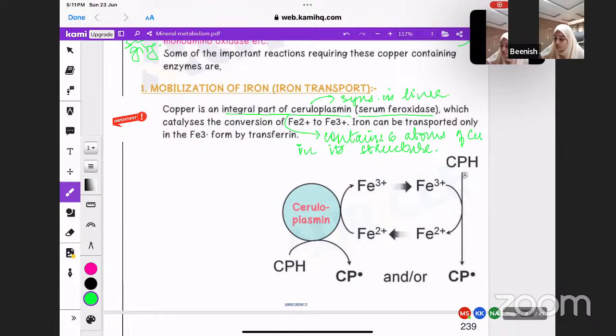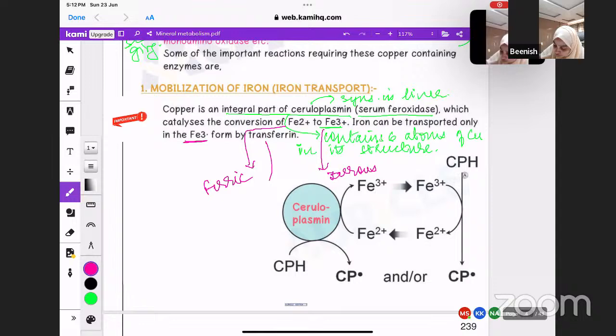And this serum ferroxidase catalyzes the conversion of Fe2+ to Fe3+. Your Fe3+ is the oxidized state, and Fe2+ is the ferrous state. Because iron can be transported only in the Fe3+, that is the ferric form, by transferrin in blood plasma, which is involved in iron transport.